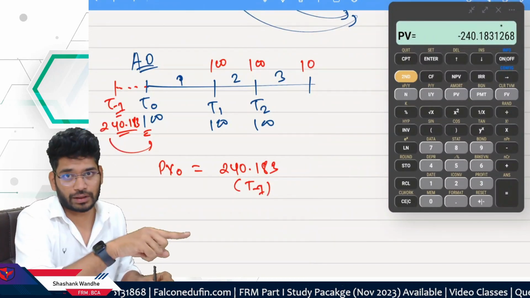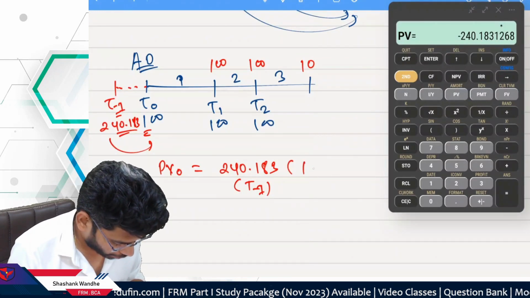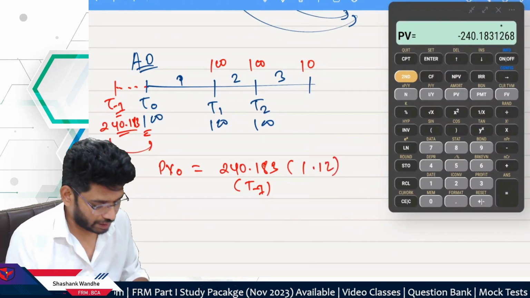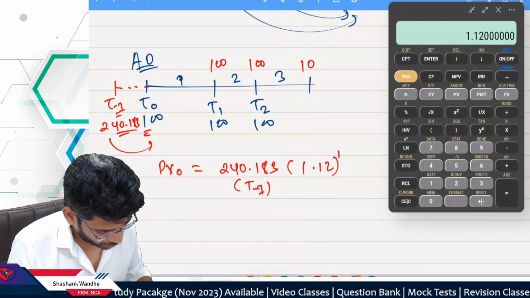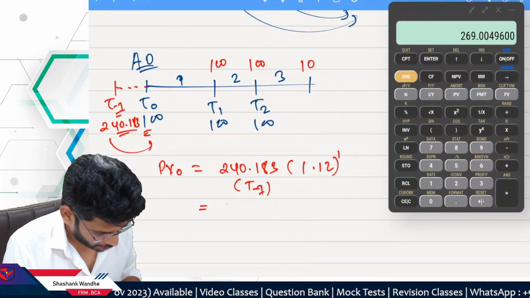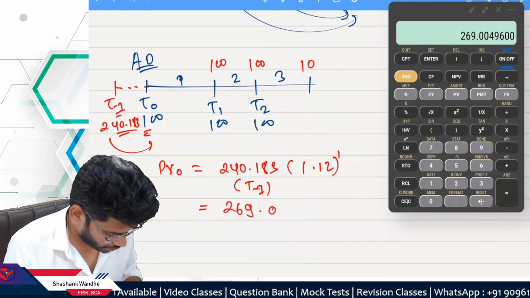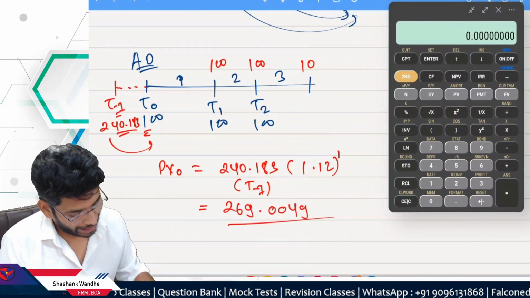So you have to compound it. Okay, so pull it forward. Simply multiply it with the compounding factor 1.12, 1.12 multiply by 240.183, and the answer is 269.0049, like this.